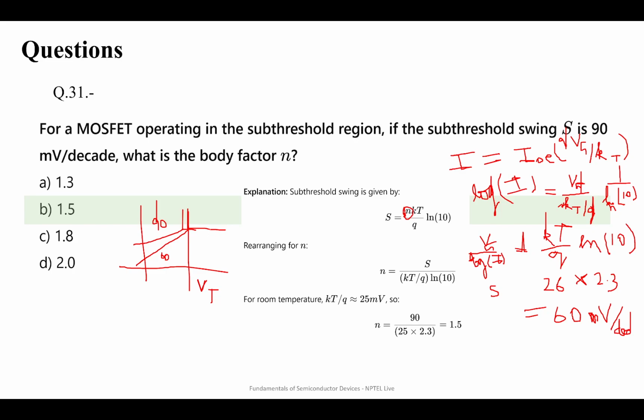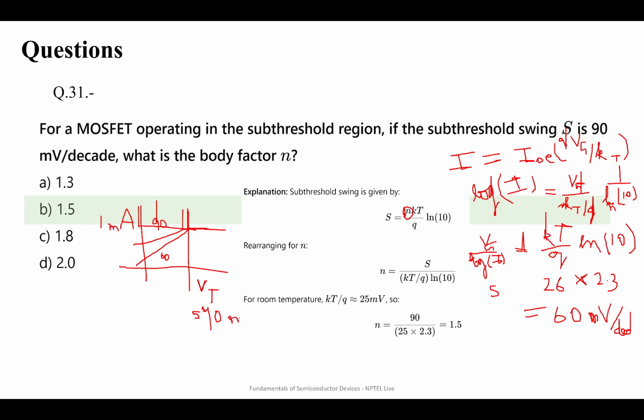So let's say my on current at threshold is 1 milliampere, and my VT is, let's say, 540 millivolts.